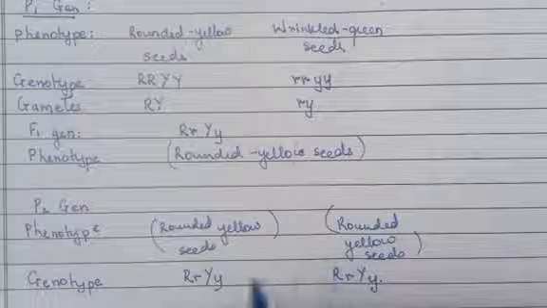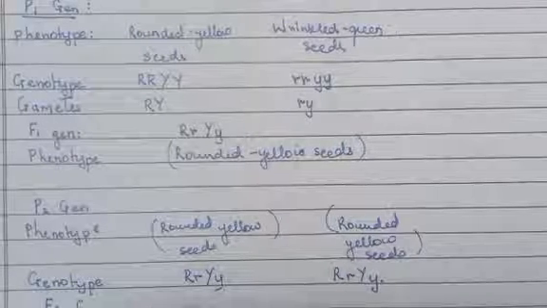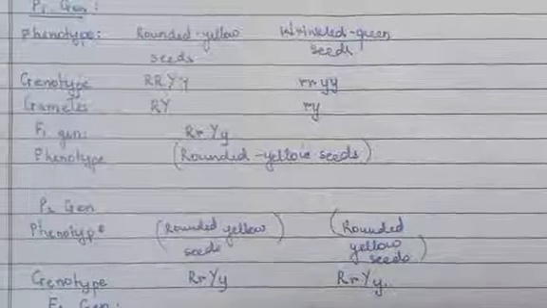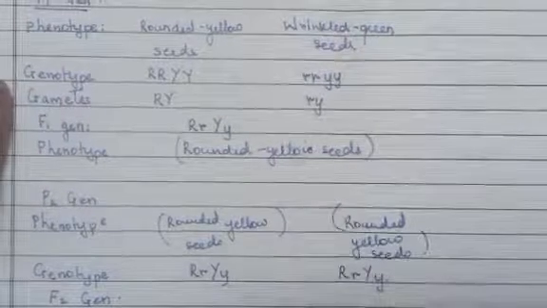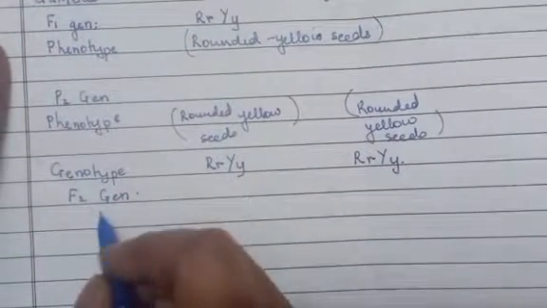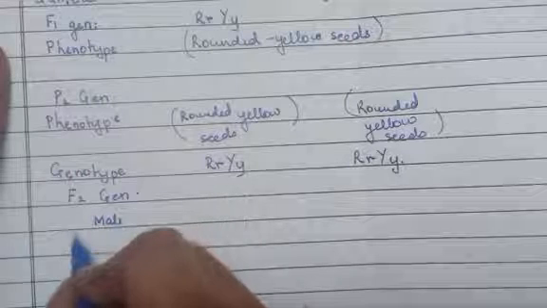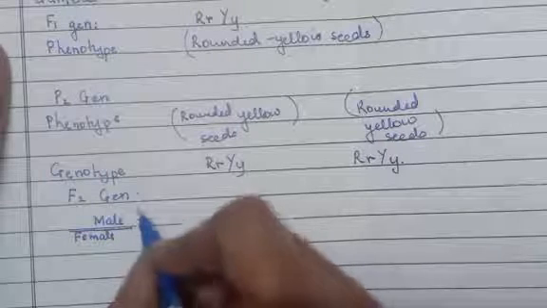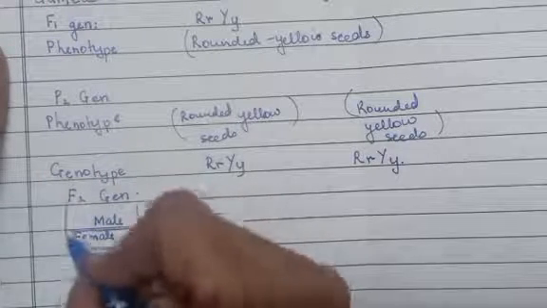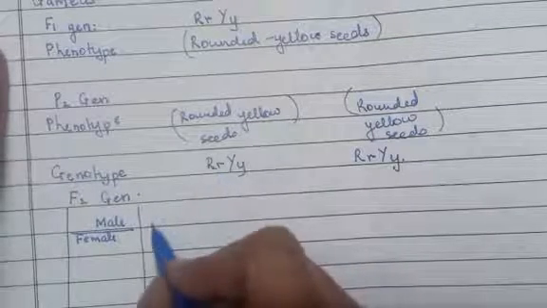Now we'll see the different combinations which happen in the F2 generation. So again the male gametes and the female gametes. We have the male gamete and we have the female gamete. So you need to draw a table there. Now there are 4 types of combinations.